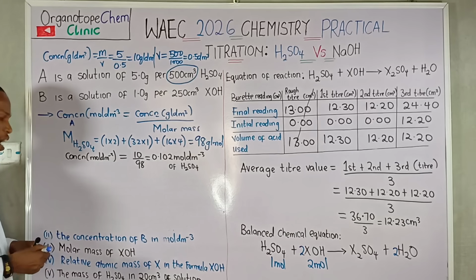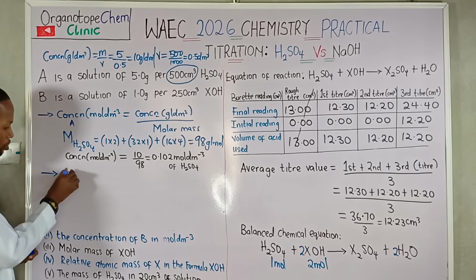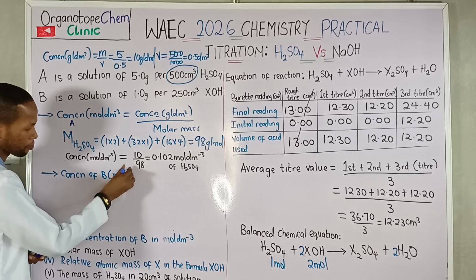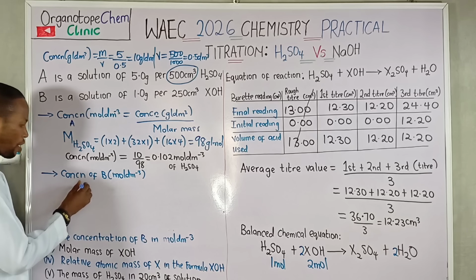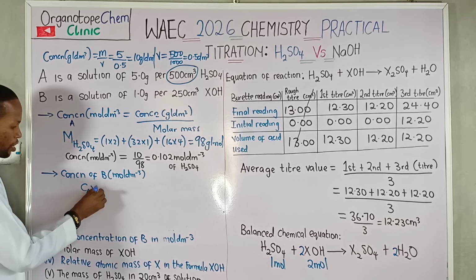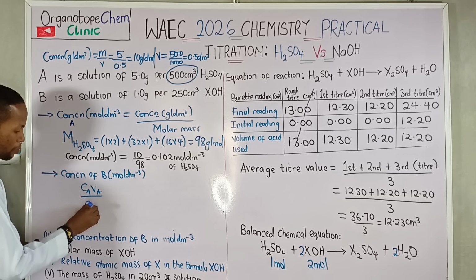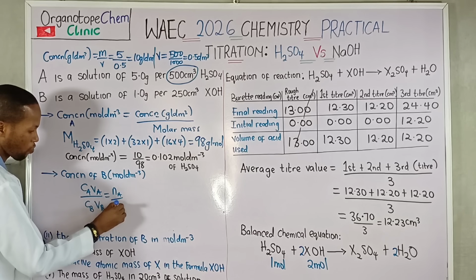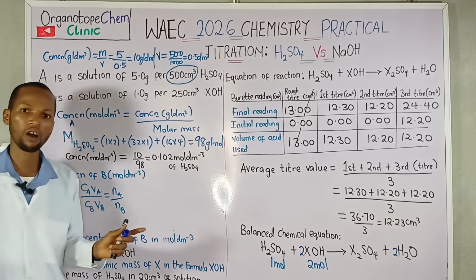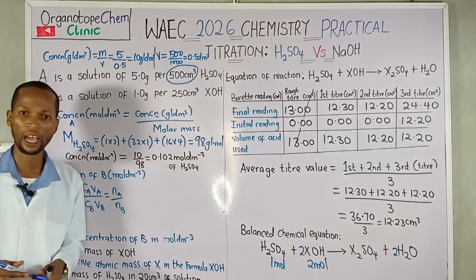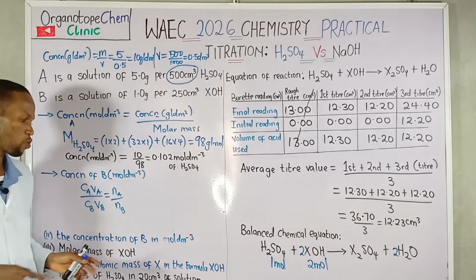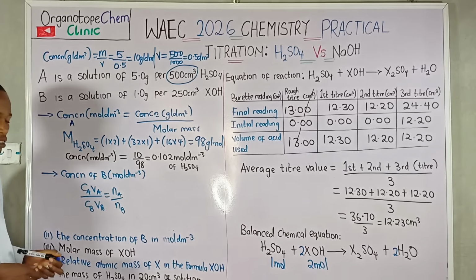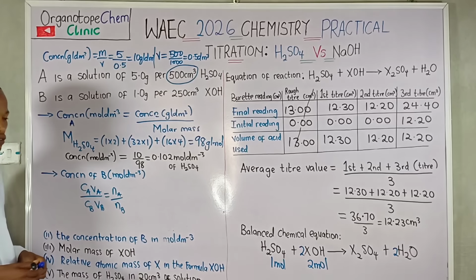We can use this general expression: Ca Va over Cb Vb equals Na over Nb. Okay, for O-level exam, this formula is valid, but for advanced level exam, we don't use this formula CaVa over CbVb. Okay, now can we make Cb the subject of formula?